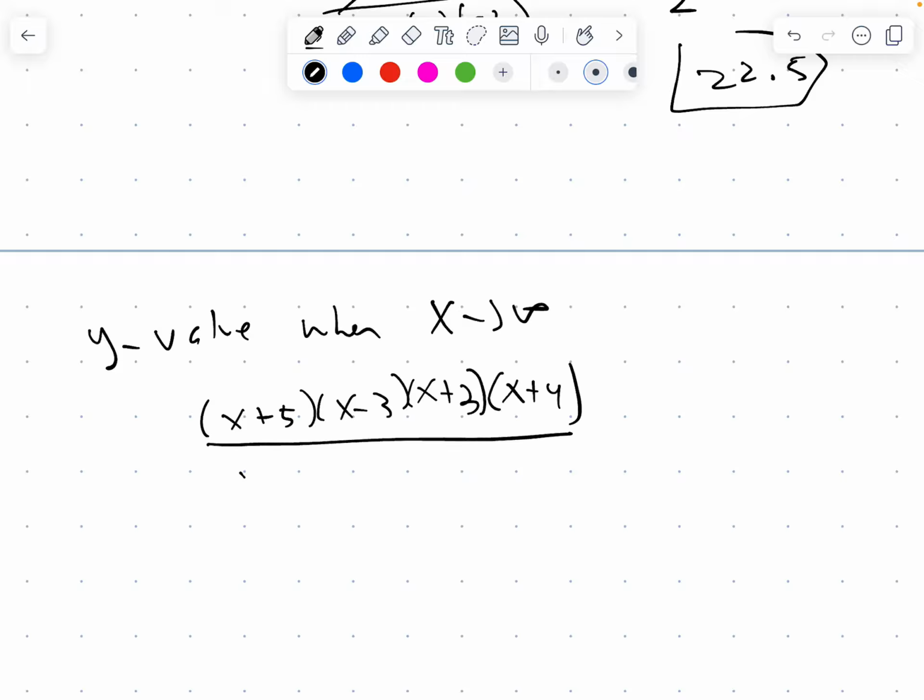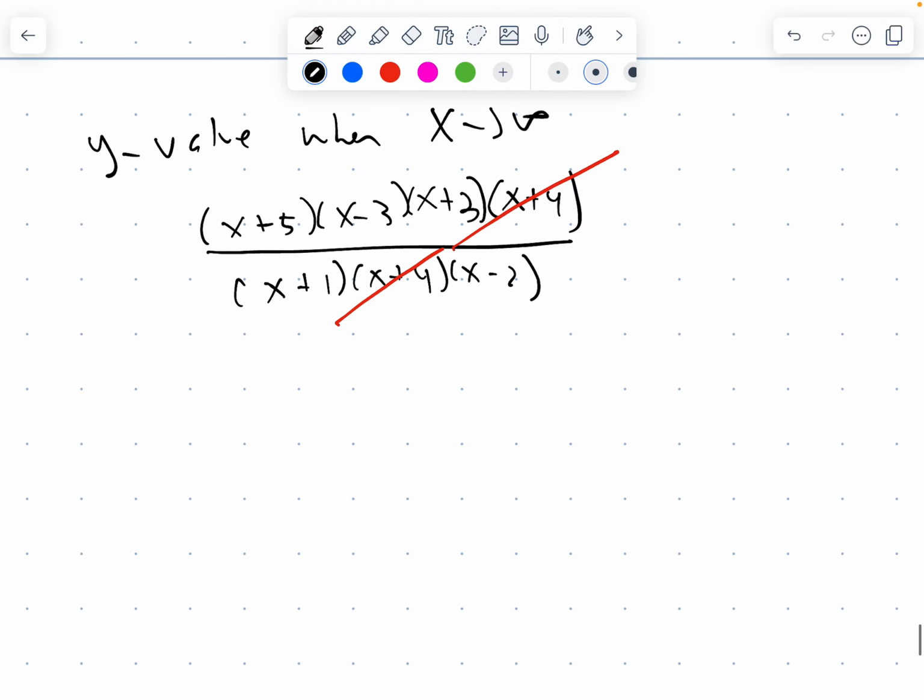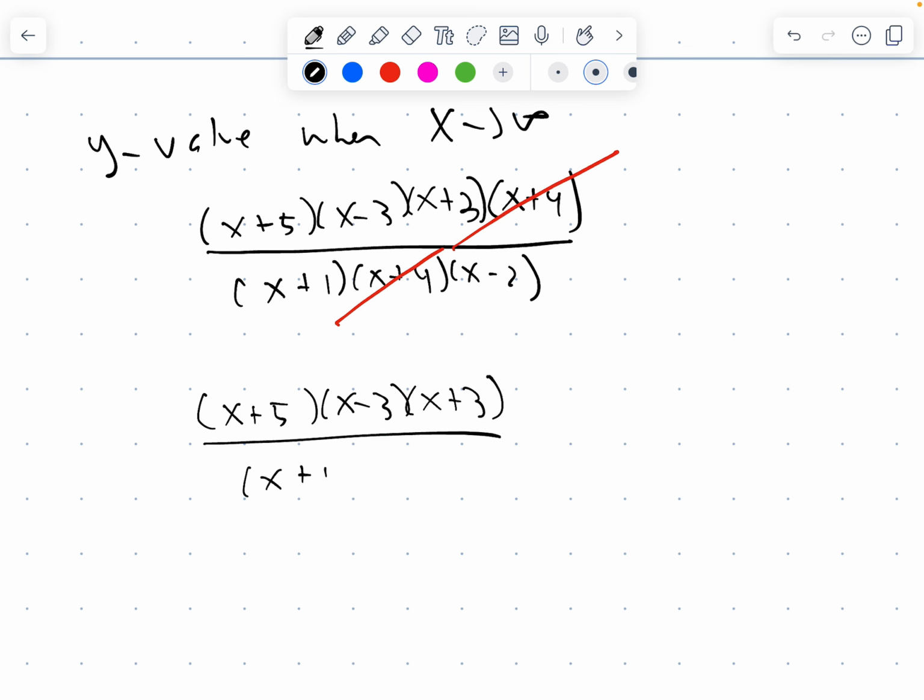On the bottom, we've got (x + 1)(x + 4)(x - 2). Again, we can cancel these out for the purpose of end behavior. The top becomes just (x + 5)(x - 3)(x + 3), and on the bottom, it's (x + 1)(x - 2).